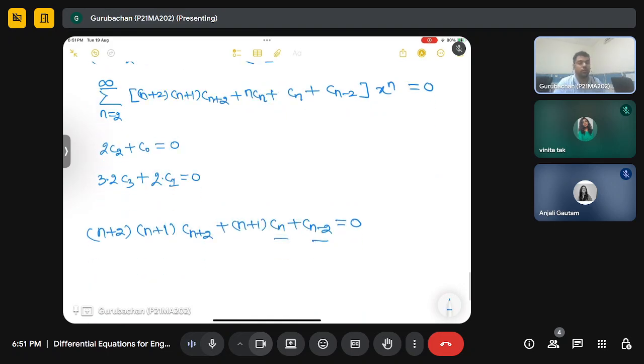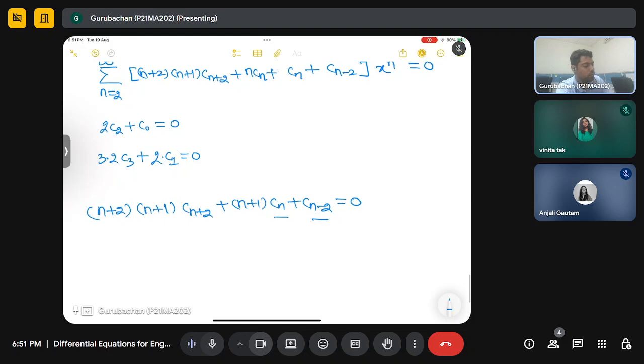So these three relations you are getting. From the first relation you can say c2 is minus c naught by 2, while c3 is minus c1 by 3.